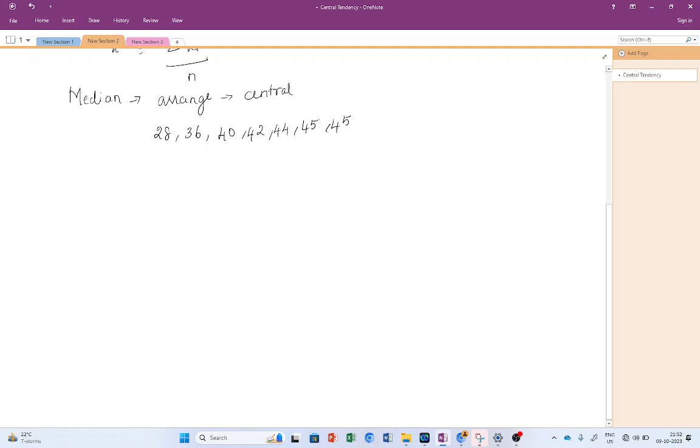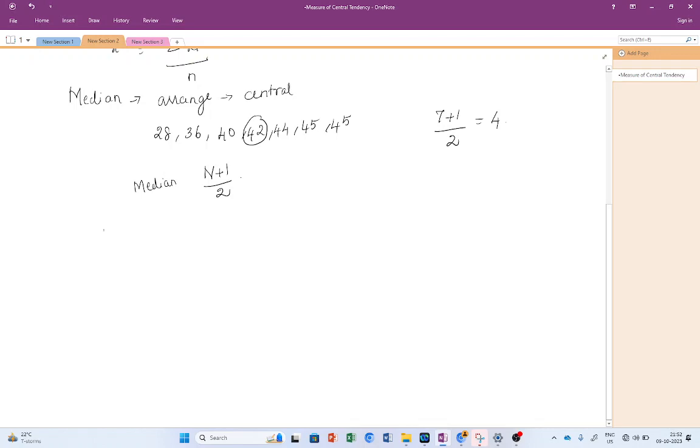To find the median, it is 7 plus 1 divided by 2, which is 8 divided by 2, equal to 4. So the fourth term is your median. Generally, it is n plus 1 divided by 2, the number of terms plus 1 divided by 2. This is how you find the median for raw data.